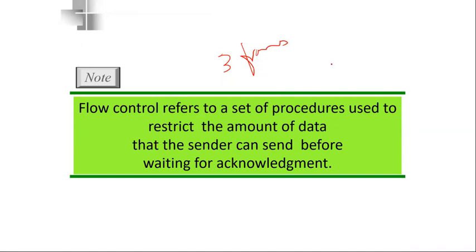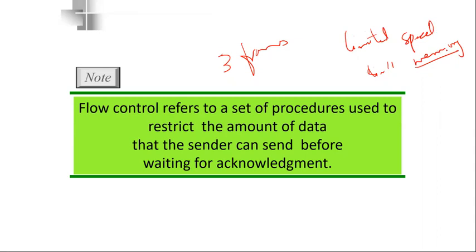Any network or host device will have limited speed, and it will have limited memory. So the data should be sent at a speed at which it can be processed.